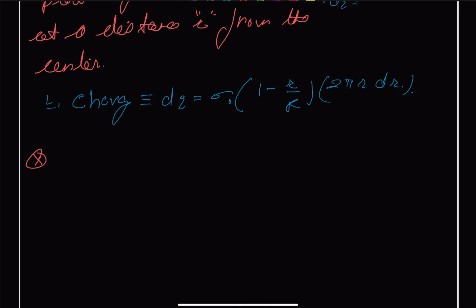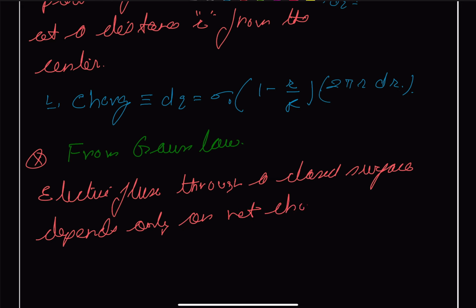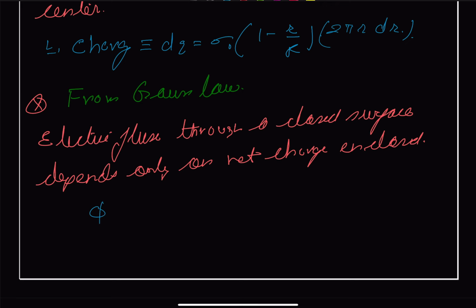So from Gauss law, which says that electric flux through a closed surface depends only on the net charge enclosed, we can write that phi is equal to charge enclosed divided by epsilon naught.